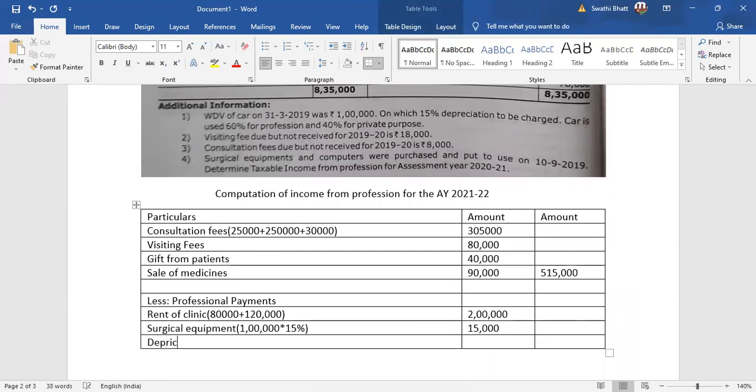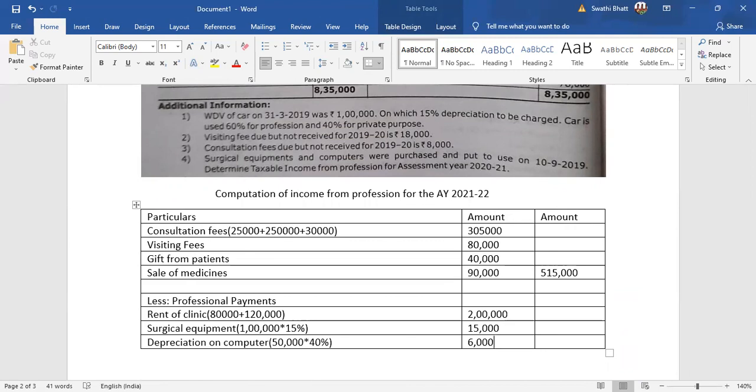Depreciation on computer: the purchase price of the computer is 50,000 into 40%, which will be equal to 20,000 rupees. So please remember, when it comes to capital expenditure, you don't write the purchase price of the asset.